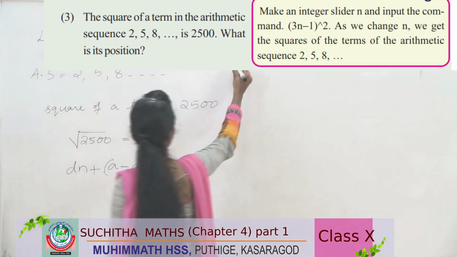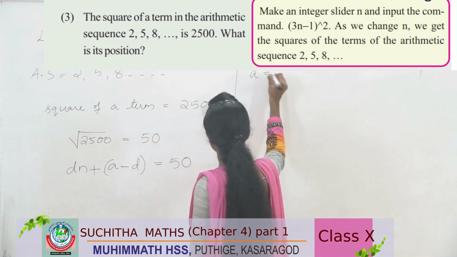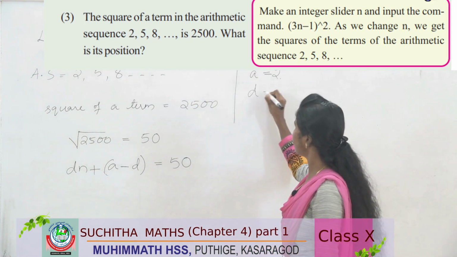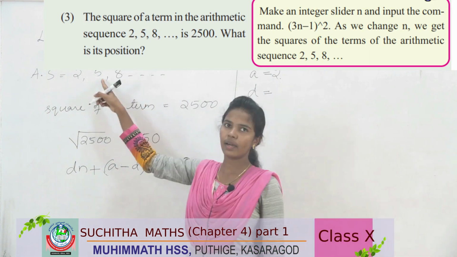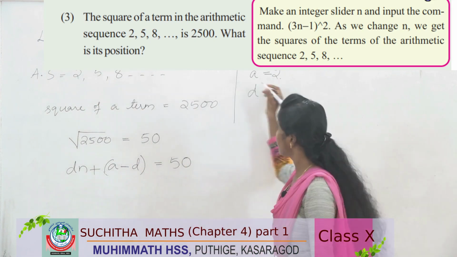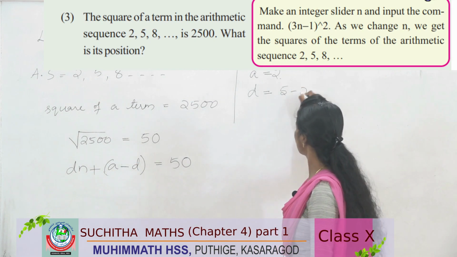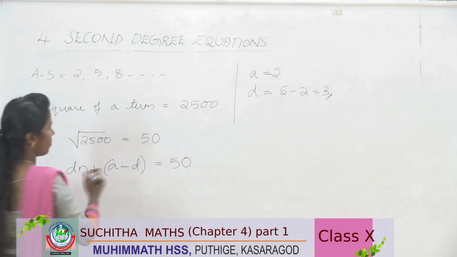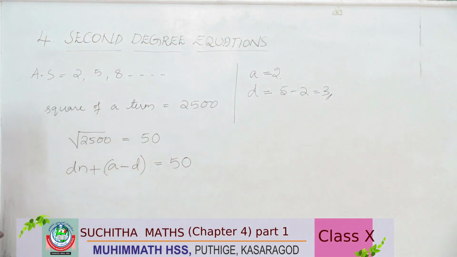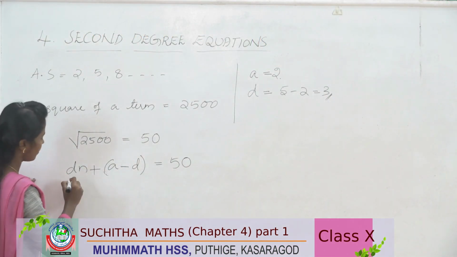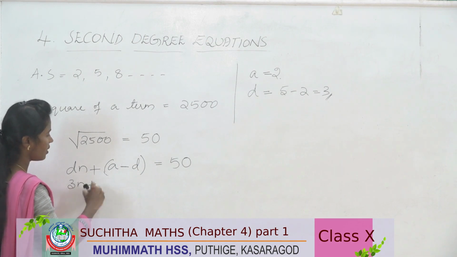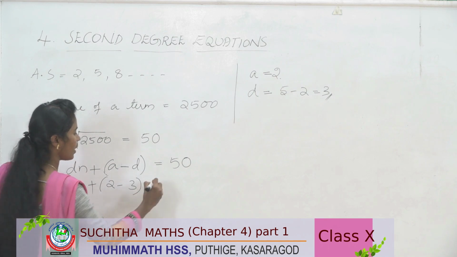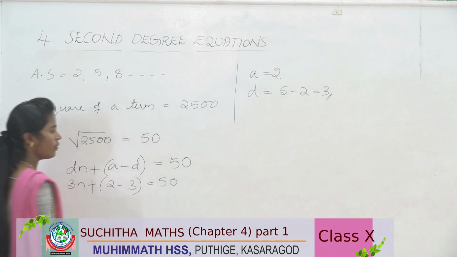So what is the first term? The first term a is 2, and the common difference is the second term minus the first term, that is 5 minus 2 equals 3. So applying the values, 3n plus a is 2, d is 3, 2 minus 3 equal to 50.